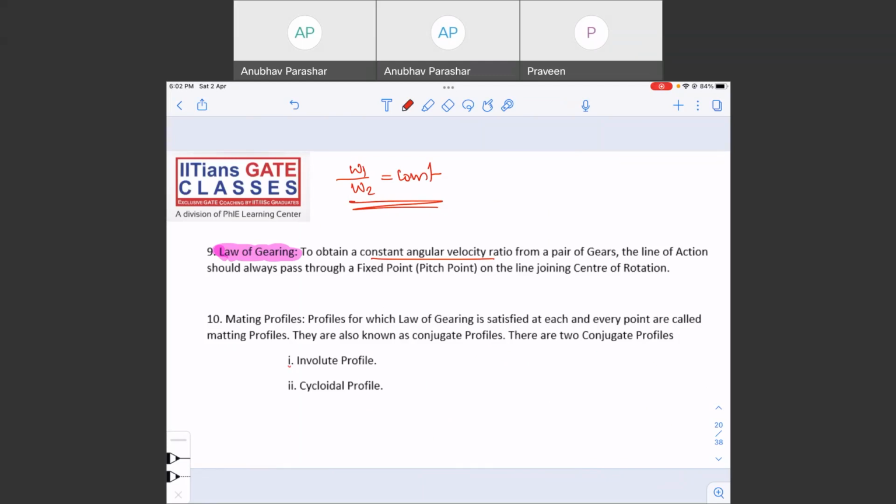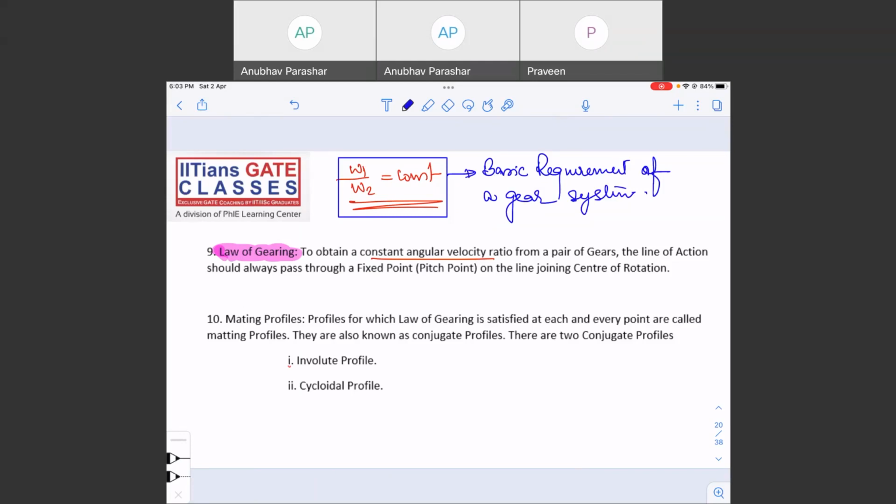So to obtain a constant angular velocity, this is a very basic requirement of a gear system.